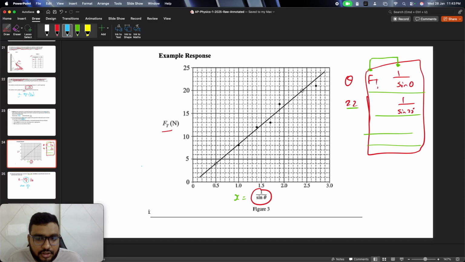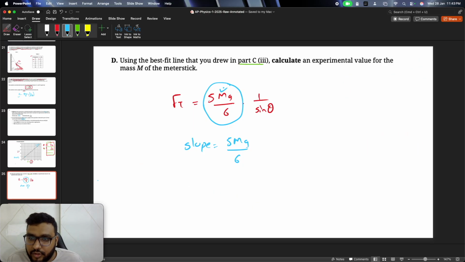And how can I find out the slope? I can see that one of the values is 0.5 comma 4, and there is one more exact value over here, that is 2.4 comma 20.